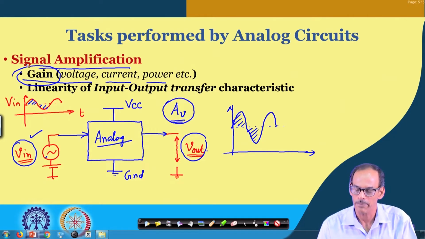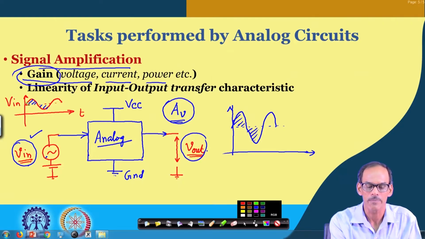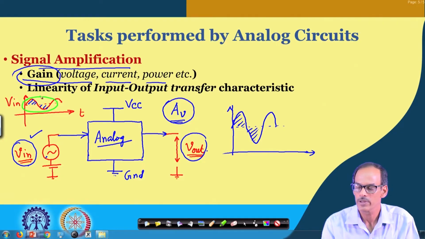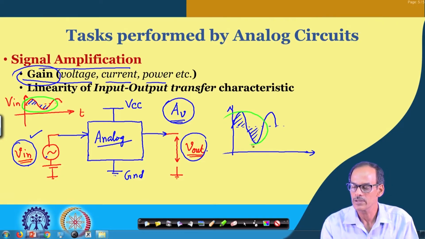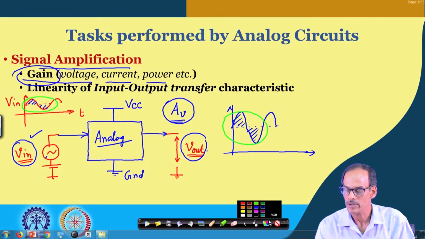Now, the second task, while it is amplifying this signal, it is assumed that the shape of the input signal, whatever shape we have, is supposed to be retained in the output signal. In other words, you may say that the linearity of the input to output transfer characteristic must be retained.